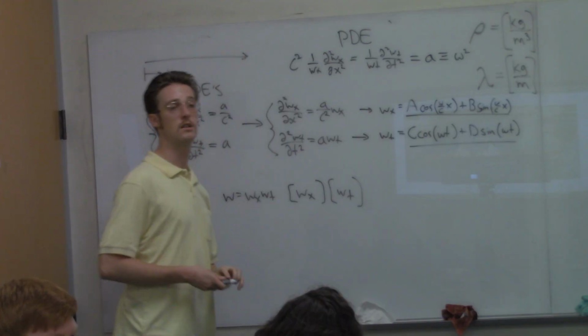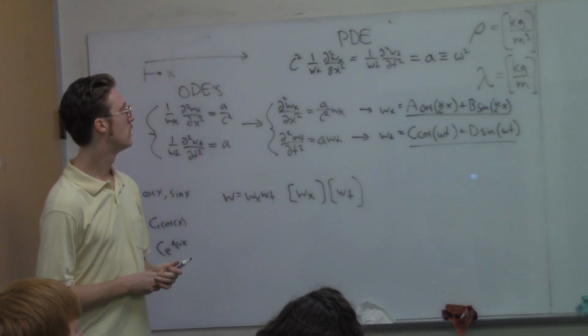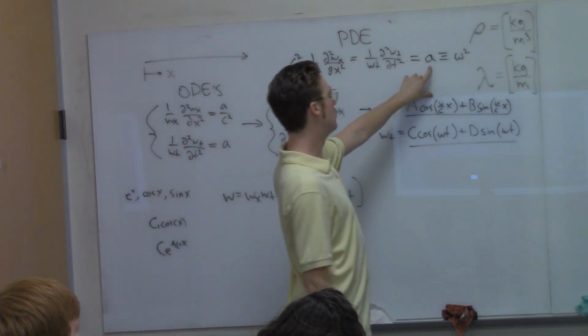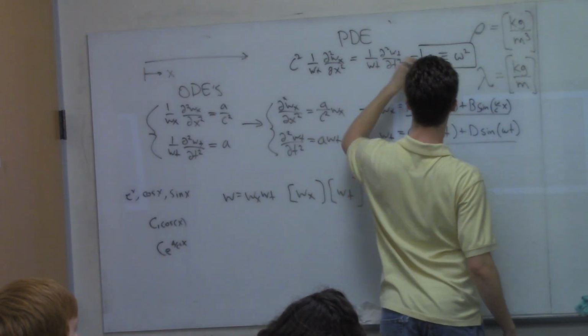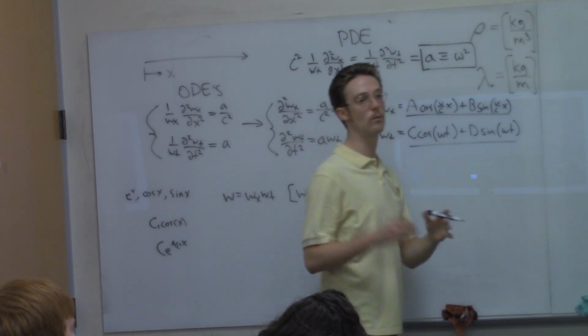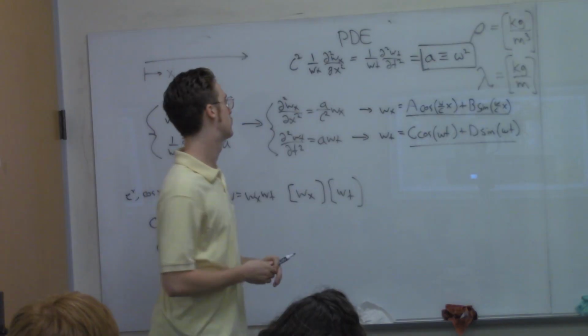Yes? Why is it omega over c inside of the cosine and sine and not omega squared over c squared? Why did you take the square root? We declared that A was equal to omega squared. This is just an assumption that we're making. We're just stating this is the truth for the purposes of these expressions.